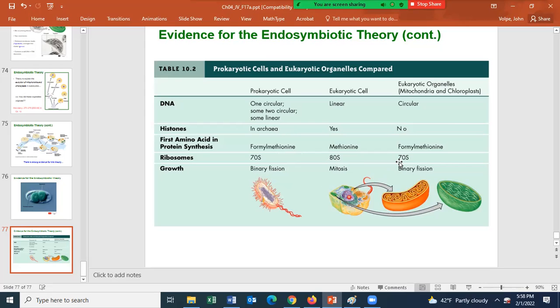In a eukaryotic cell, the first amino acid made in a protein is the amino acid methionine. In a prokaryotic cell, the first amino acid made is formylmethionine. It's a similar but a different amino acid. In the mitochondria and the chloroplast, the first amino acid made is formylmethionine, sorry.